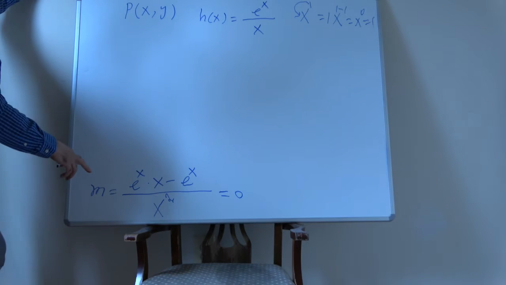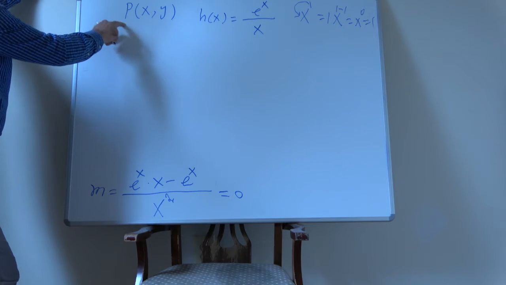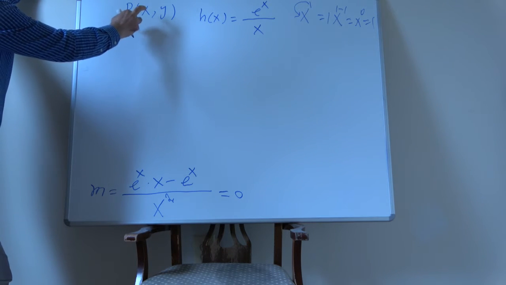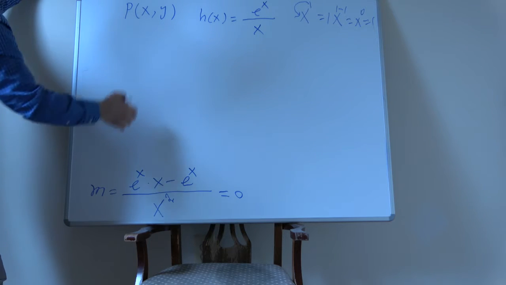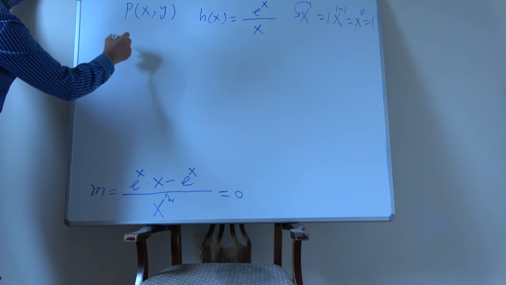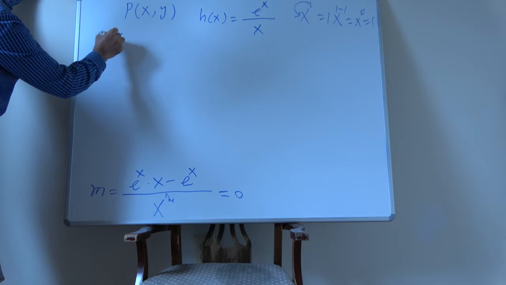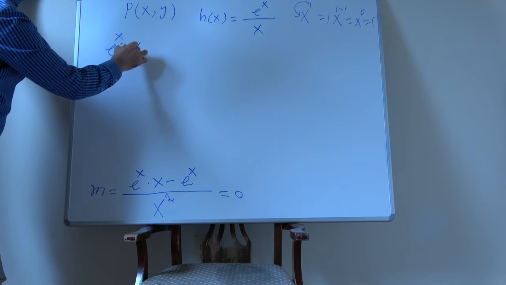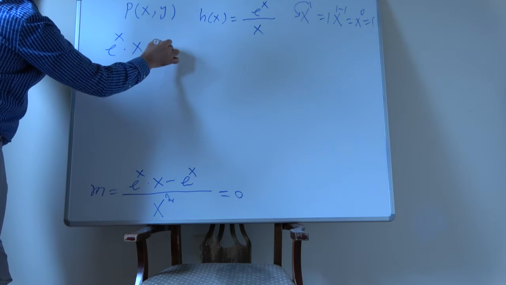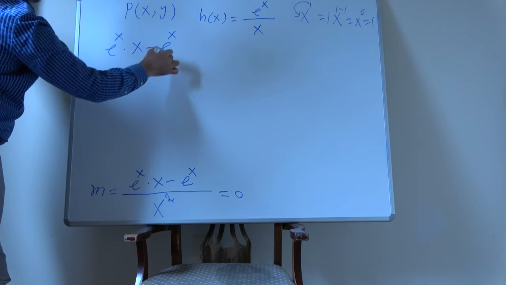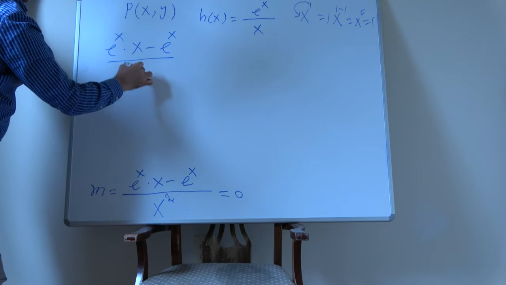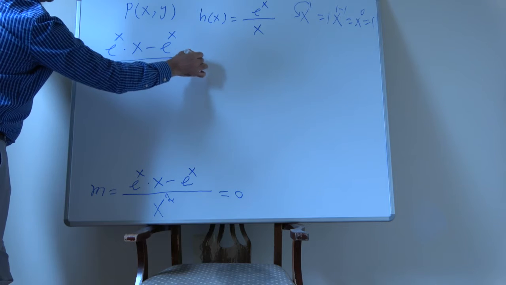Now we are trying to find the point, the values for x and y. So e to the power of x multiplied by x minus e to the power of x multiplied by 1 equals 0, over x squared.